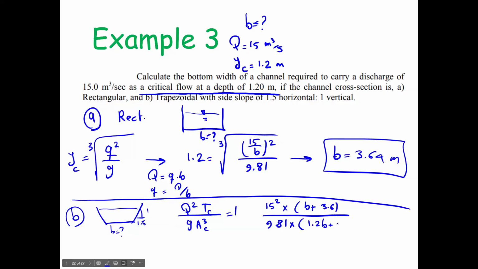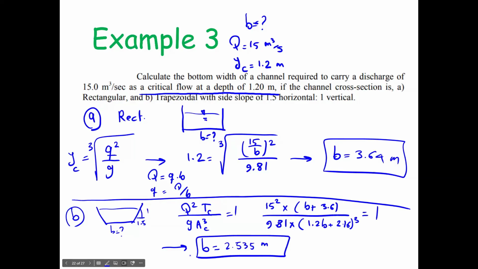I'm going to write the whole thing. Probably you have 2.16 here equal to 1. If you calculate that, you will end up with B equal to 2.53 meters.